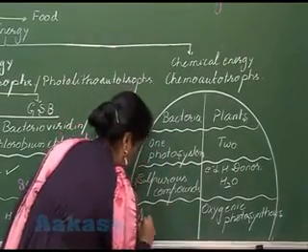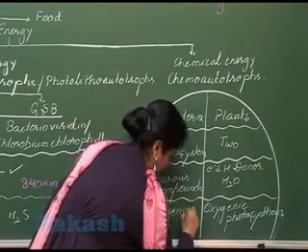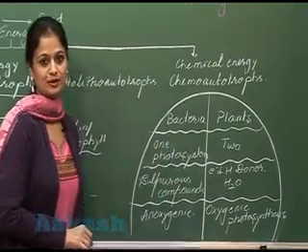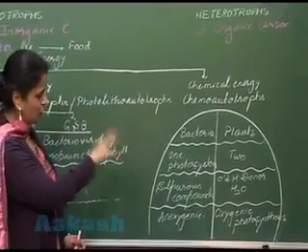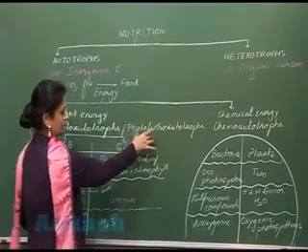And here oxygen release is absent, so that's why this is anoxygenic. Right? So this is all about the first category of bacteria, that is photolithoautotrophs.